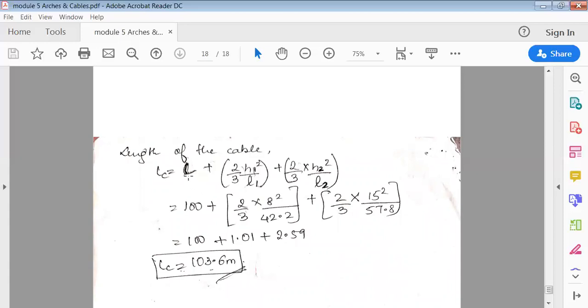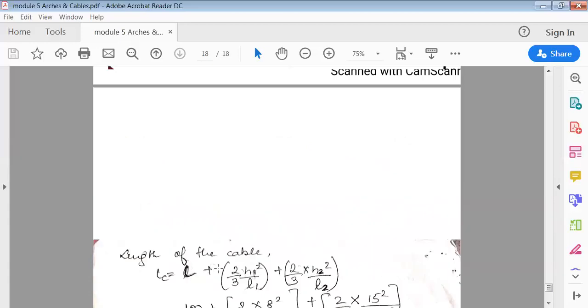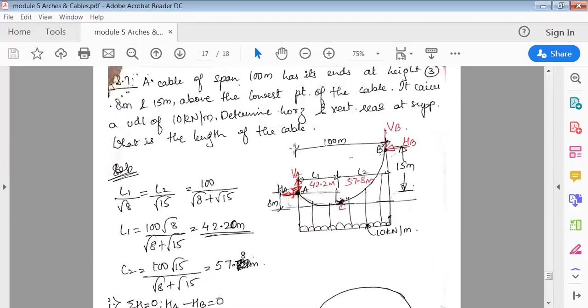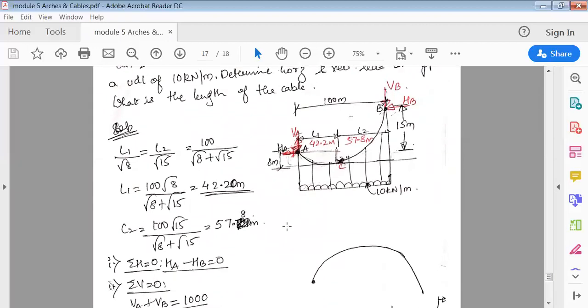First H1 is the height 8 divided by L1, then 2/3 of H2 squared, 15 squared, divided by L2. Solving this, LC is always more: the length of the cable is 103.6, while the clear length is 100.